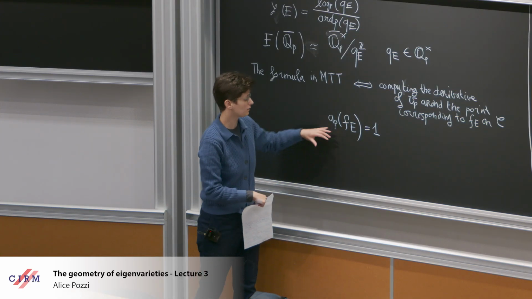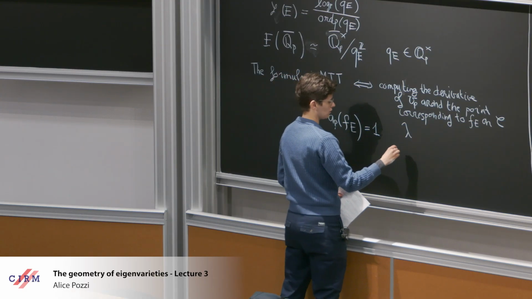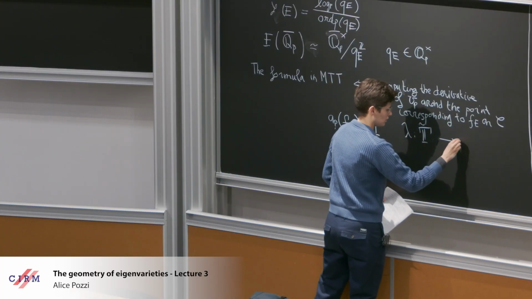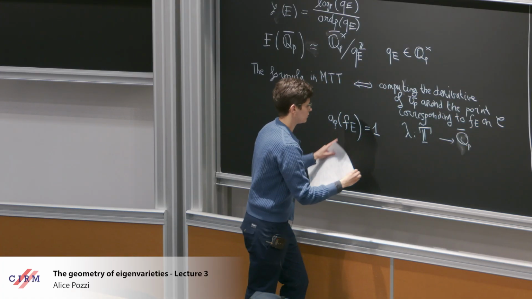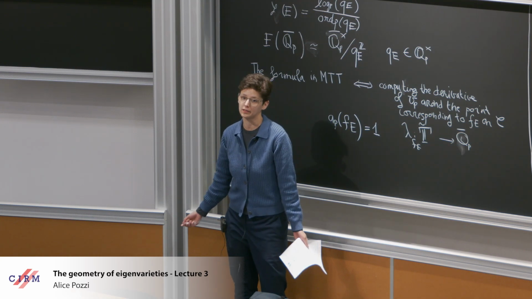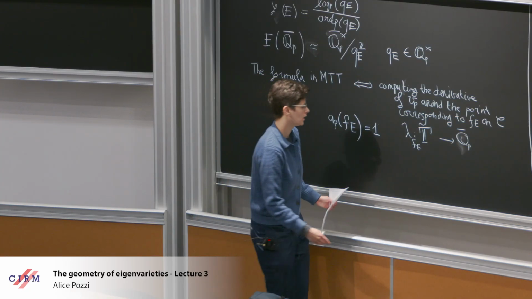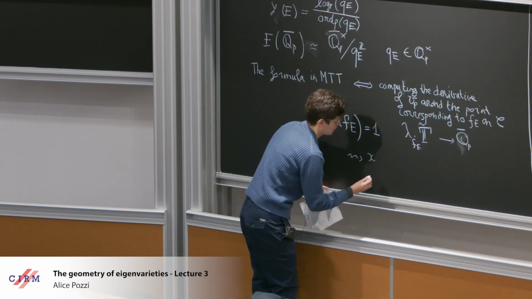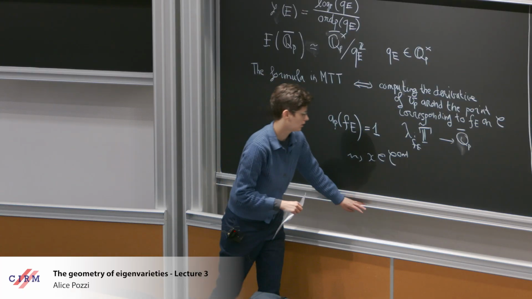So if I look at the system of eigenvalues attached to Fe, this should correspond to a point that lies in the ordinary part, or the ordinary locus, of the eigencurve. I'm going to call X the point on the ordinary locus that corresponds to this.